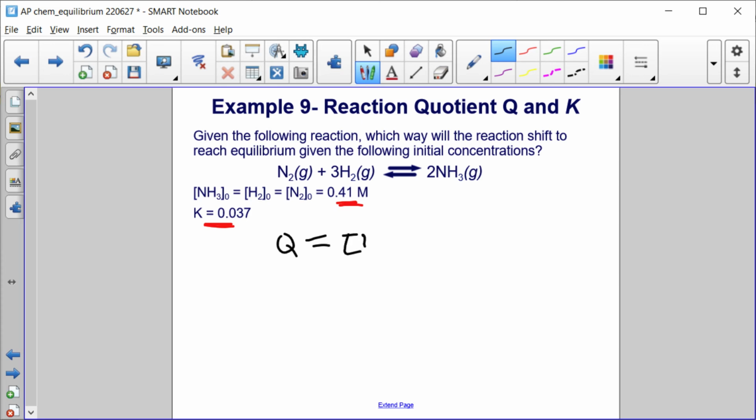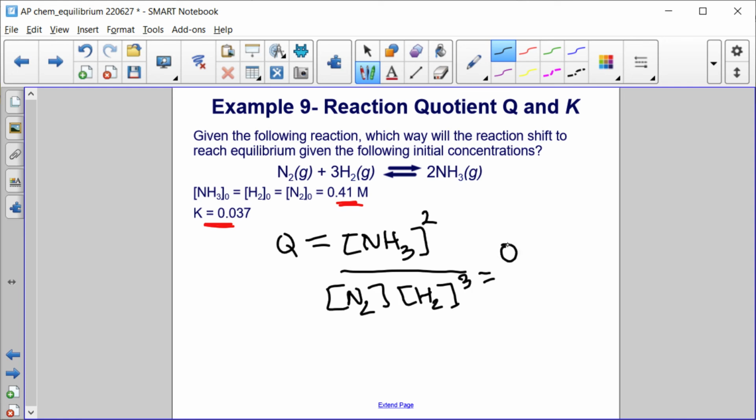It's the ratio of the product concentrations to the reactant concentrations. Don't forget to raise each concentration to its coefficient. So this is 0.41 squared divided by 0.41 times 0.41 cubed.